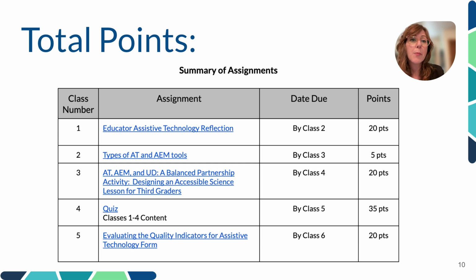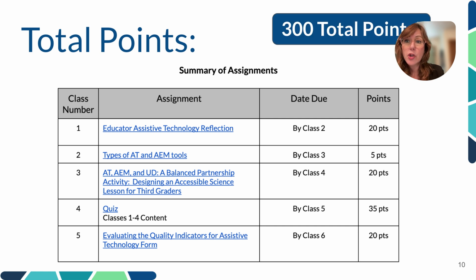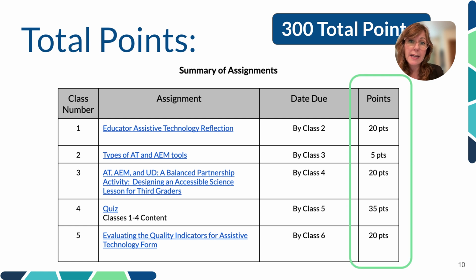This summary provides you again with a link to each of the assignments in the course, when the assignment is due, and the total number of points the assignment is worth. Your grade in this course is based on a total of 300 points. Again, all assignments use a rubric to determine the total number of points awarded for each assignment completed.